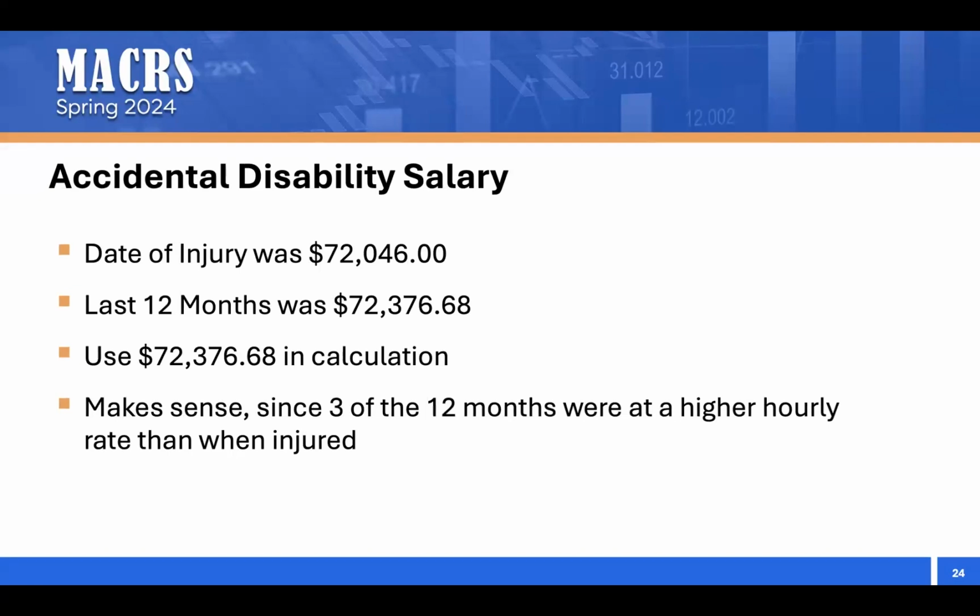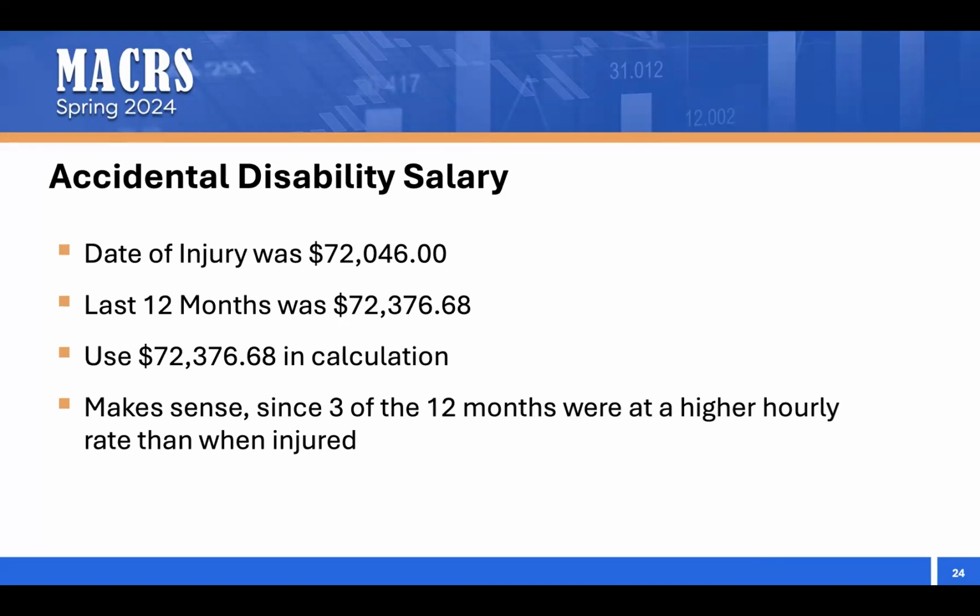But that's what happens if you don't adjust the weeks that he did get money for the breaks. So the two numbers should be fairly close unless you have a years-long gap. So because the last 12 months are higher than the rate on the date of injury, we're going to use the last 12 months.